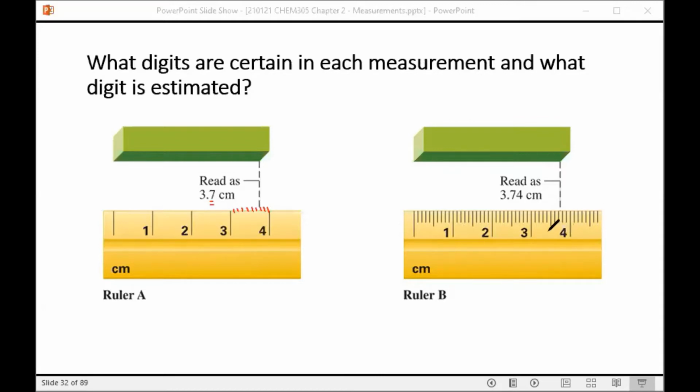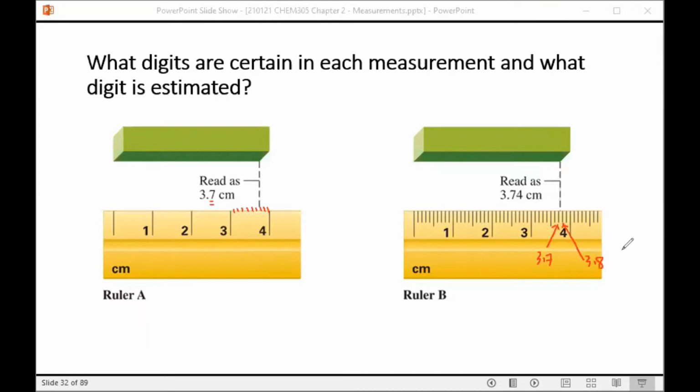So in this next ruler, we have markings every 1/10 of a centimeter. This is a better, higher quality ruler. It has more precise markings. So now when we're estimating between the lines, we're estimating between the 3.7 line and the 3.8 line.